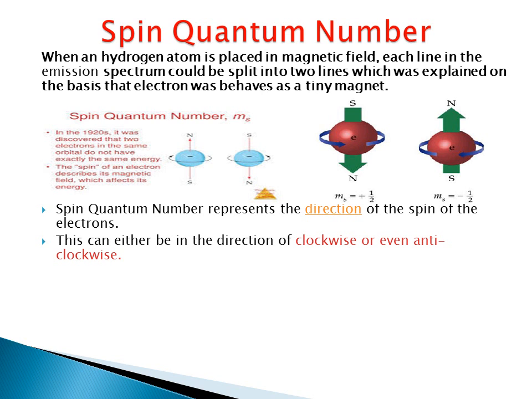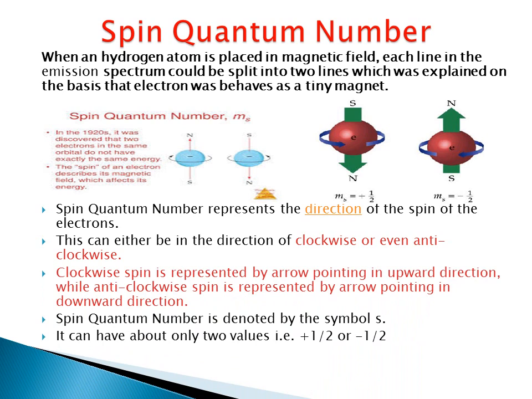The specialty of the spin quantum number is that it represents the direction of spin of the electron, which can be clockwise or anti-clockwise. Clockwise spin is represented by an arrow pointing upward, while anti-clockwise spin is represented by an arrow pointing downward. The spin quantum number is denoted by the letter s.